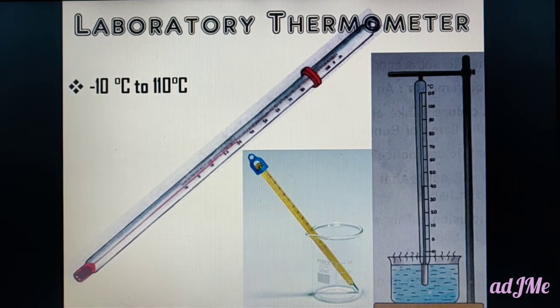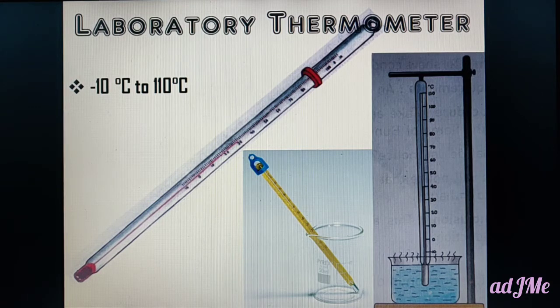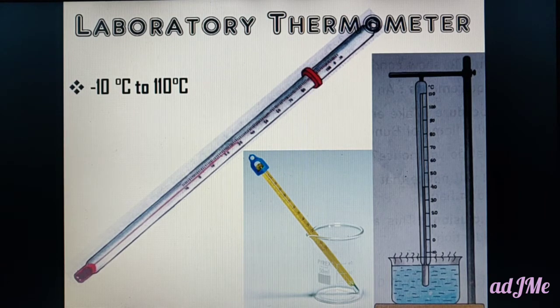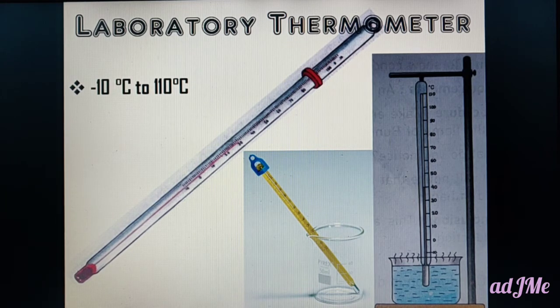But it is not so in a clinical thermometer. Every time I use a clinical thermometer, since we have a kink near the bulb, I have to jerk the thermometer, then only the mercury comes to the bulb. Again I have to start the next reading. This is one reason why we can't use the clinical thermometer for other purposes.